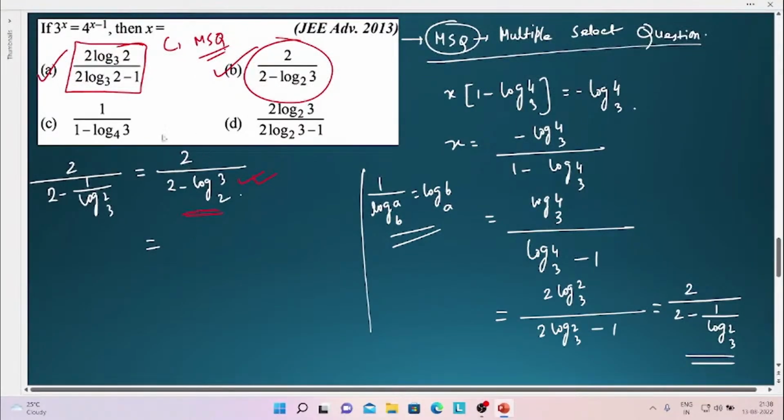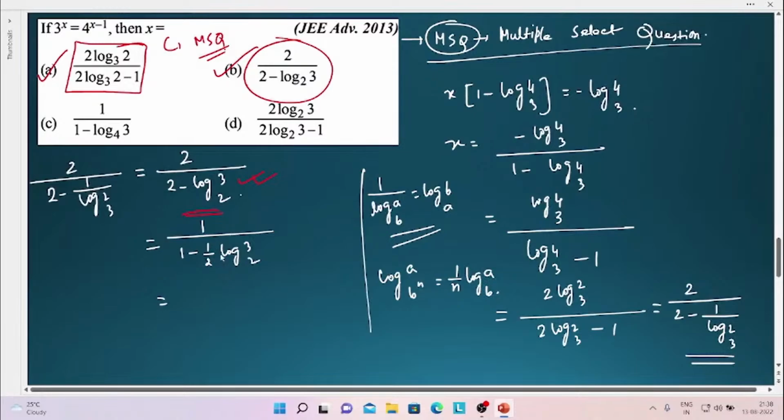Let me divide by 2 again. If I divide by 2, it will be 1 upon 1 minus half log 3 base 2, right? We also know that if there is the logarithm of a with base b to the power n, then it can be written as 1 by n log a base b.